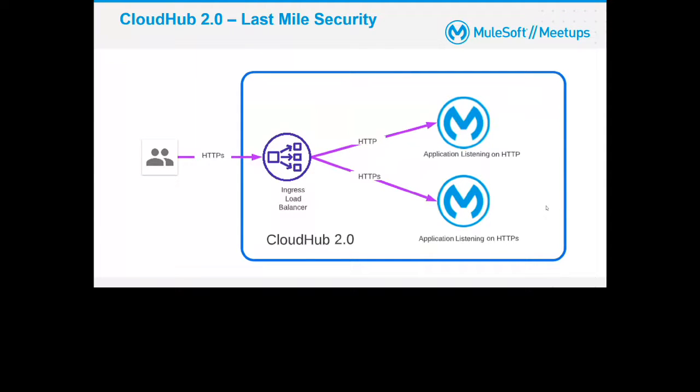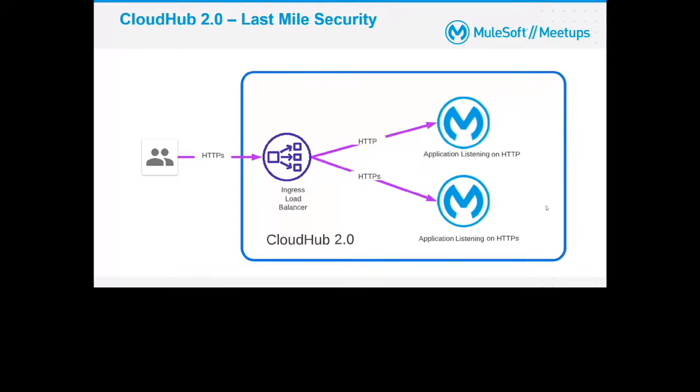What you are trying to say is that even when traffic is traversing from the ingress load balancer to your application, you want to use that HTTPS security, or transport layer security, in that layer also. That is what we call, in network terminology, the last mile, because that is the last phase that traffic needs to traverse before it lands on the target application.